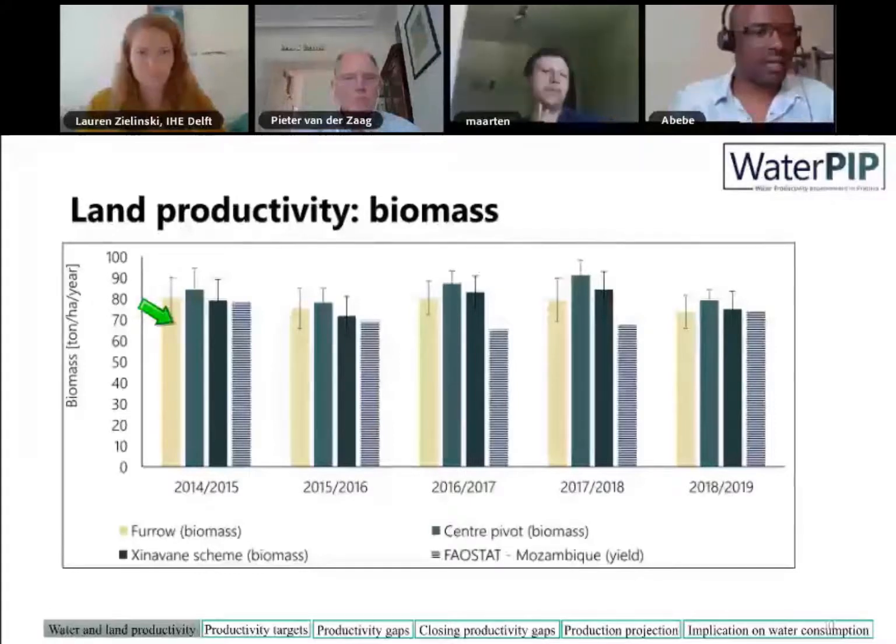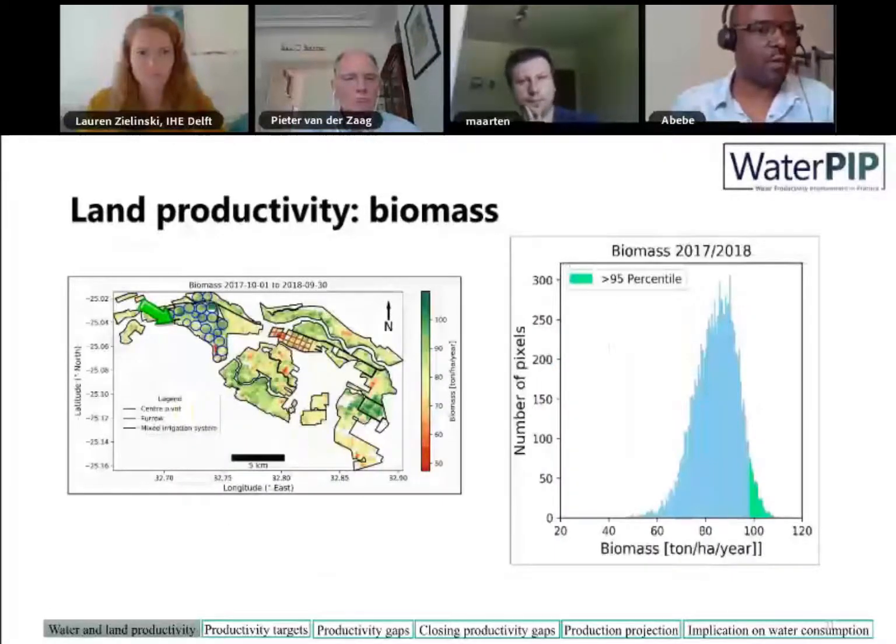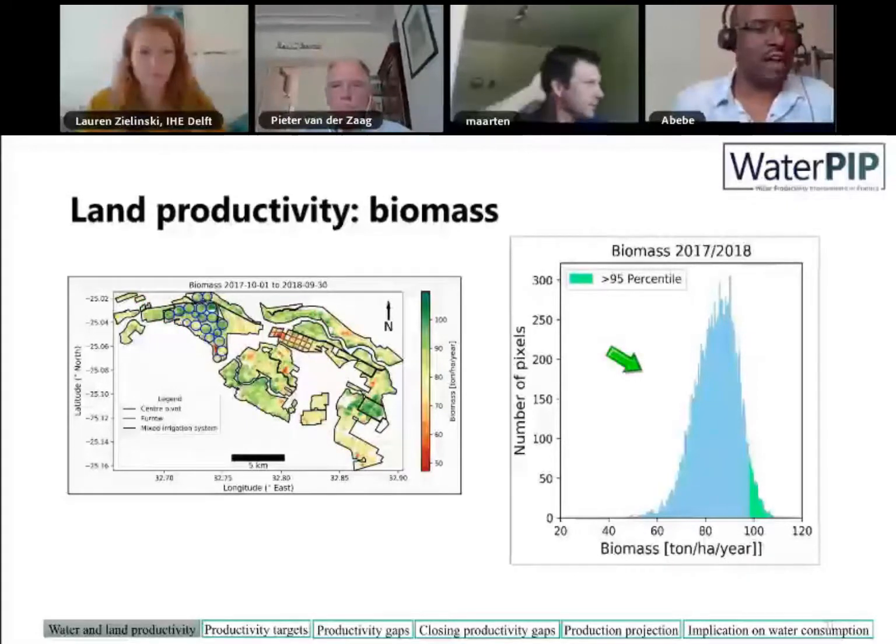So again, this land productivity across space, as you could see, varies from the smallest, red, about 50 ton per hectare per year, to more than 100 ton per hectare per year. And the graph on the right shows the distribution function of this biomass across Sinavana.